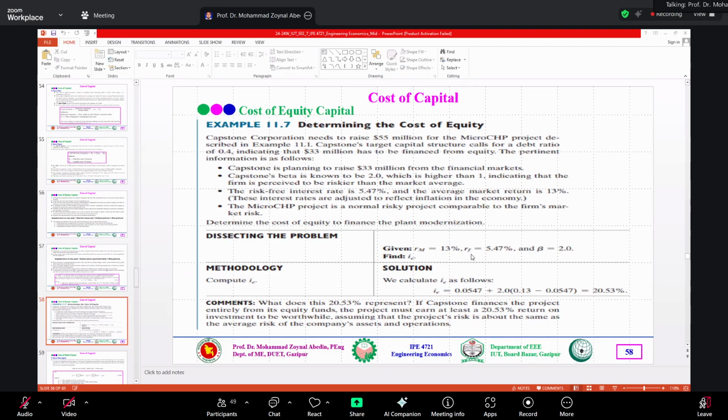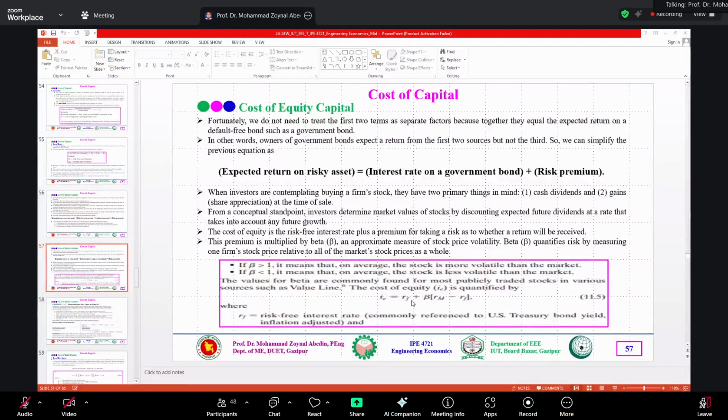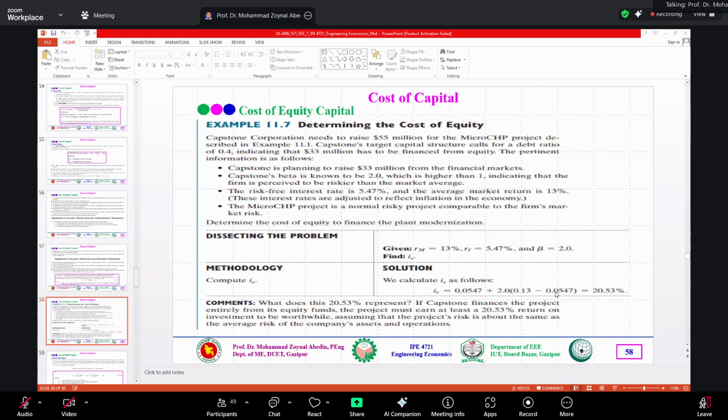We know the cost of equity formula is RE equal to RF plus beta bracket RM minus RF, that we studied here. So you are getting 20.53%.